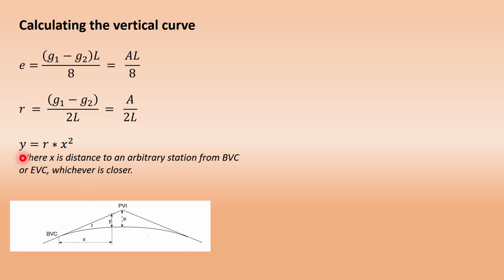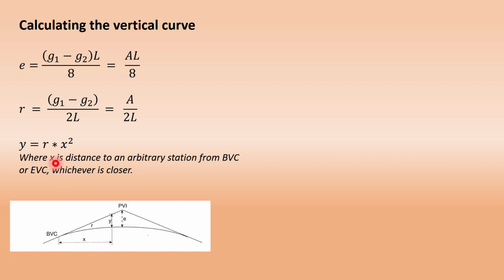Y is the vertical ordinate offset, or this vertical distance from any random station, right, from the beginning or the end of your vertical curve, measured horizontally out to a station of interest. And it's that vertical distance from the gradient line down to the design curve elevation.